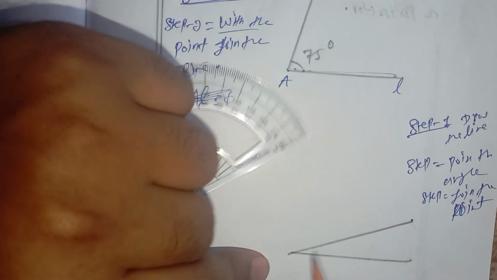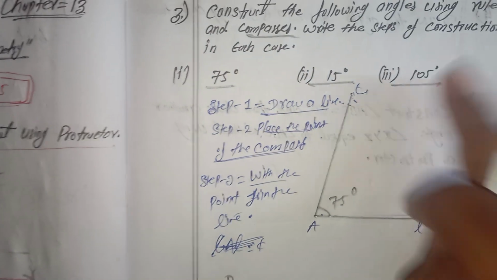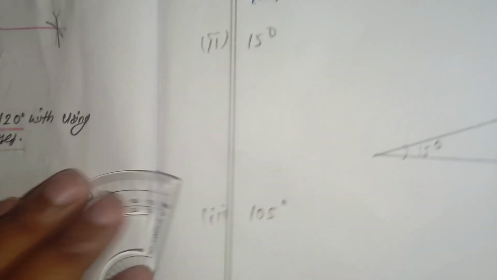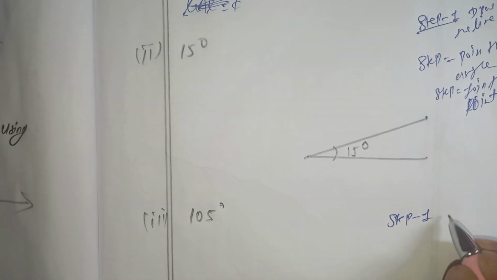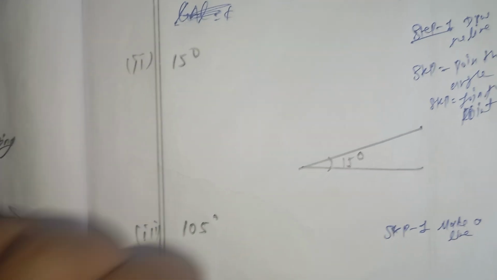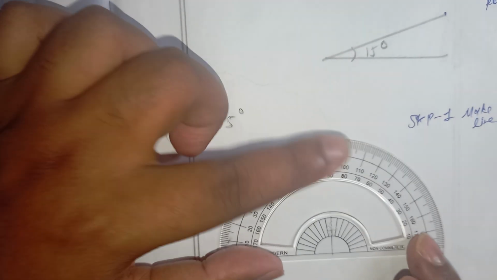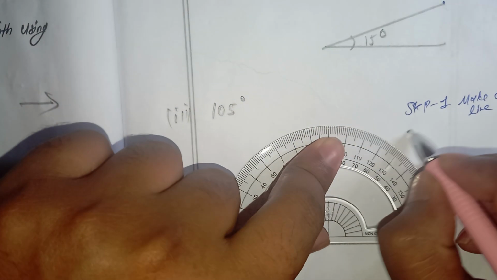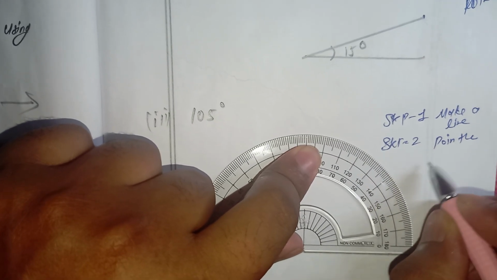Over. What is the angle? 15 degrees. Now this is 105 degrees, the third one. Step 1, make a line. This is our compass. Step 2, point the angle.